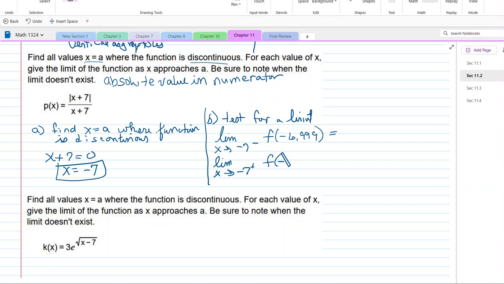Bad math here. This is from the positive and this is from the negative. Sorry. I don't want to rewrite the whole thing. Negative numbers is a reverse, isn't it? So this is smaller side, 7.001. All right.